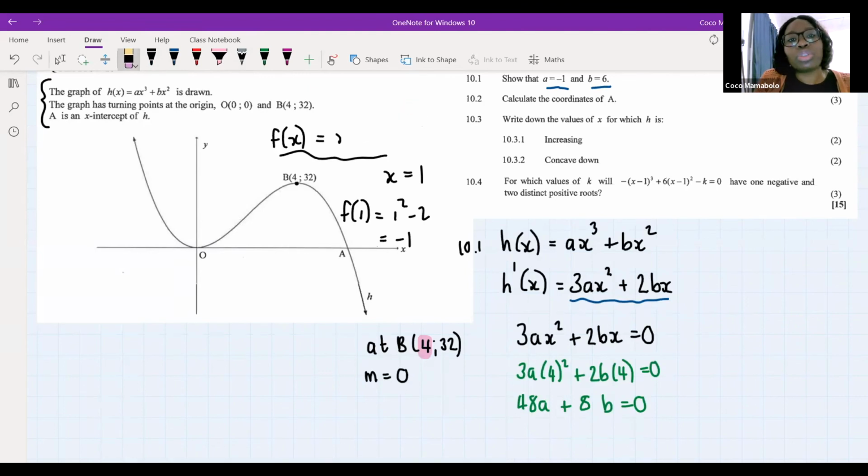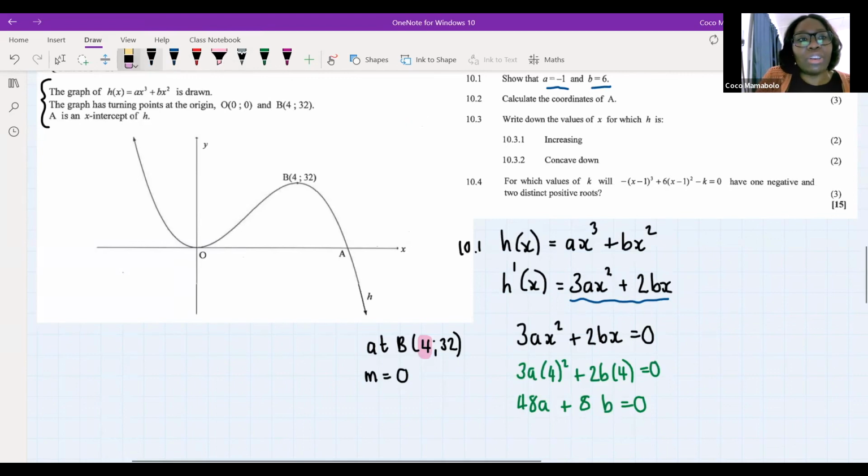Now, what I'm going to do is use my cubic function because I know, regardless of what a and b are, at the point where my x value is equal to 4, my y value needs to be equal to 32. So what I've done essentially is I've gone h of x is equal to ax cubed plus bx squared.